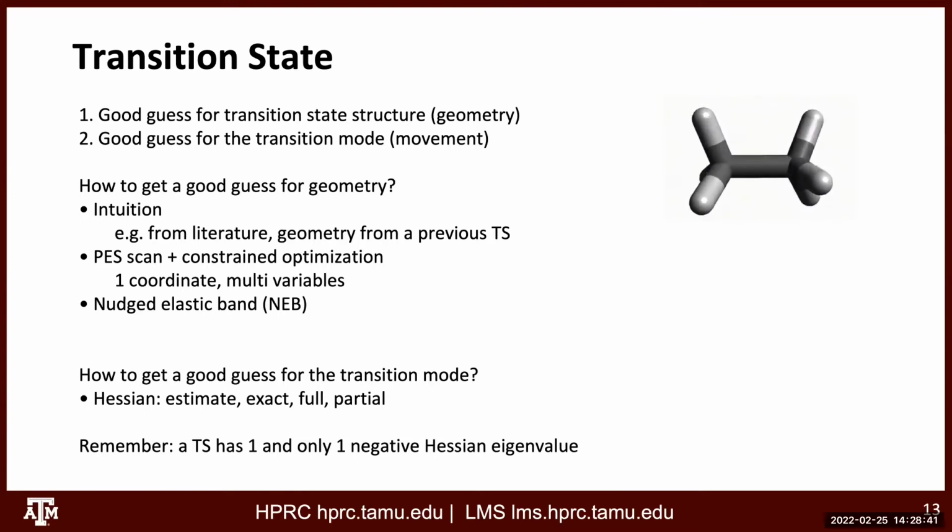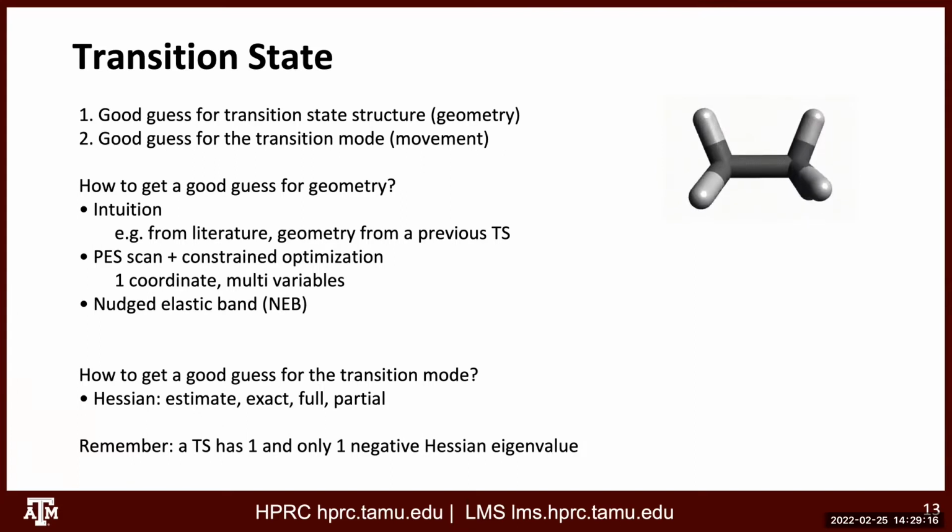For the constraint optimization, or what we call a relaxed surface scan, you can scan over one coordinate, or ORCA allows you to set up a scan for multiple variables. And a third way to do this is what they call a nudged elastic band, NEB. To get a good guess for the transition mode, you can calculate the Hessian.